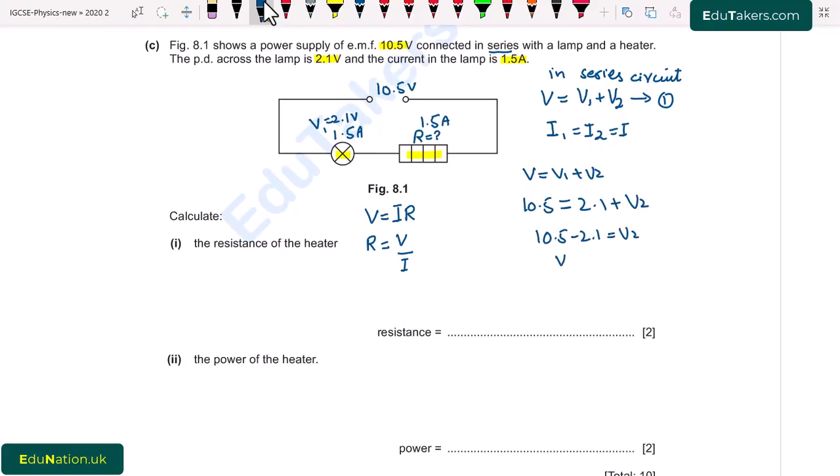So it comes to be 10.5 minus 2.1 is equal to V2, and V2 comes to be 8.4 volt.